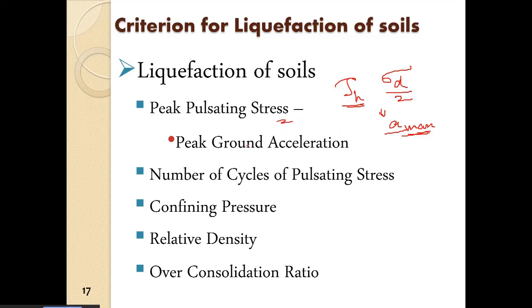So that is the first criterion that we can isolate. Then, of course, the number of cycles. So we have seen if tau h is less also, if there are higher numbers of cycles, the soil may get liquefied. Of course, if the cyclic stress is more, then so many cycles of pulsating stress are not required, and within maybe 10 or 15 cycles it will be liquefied.